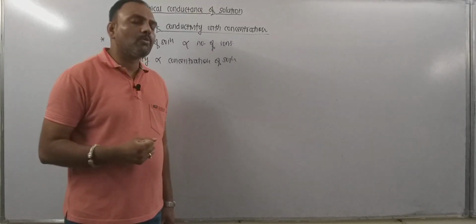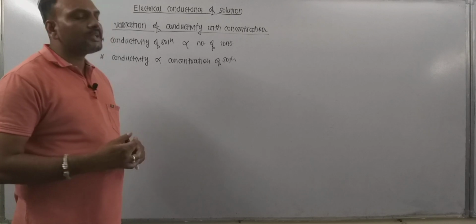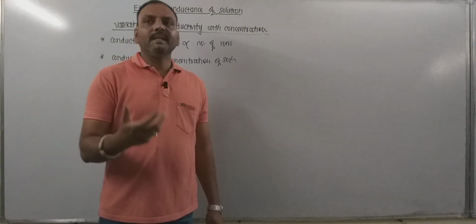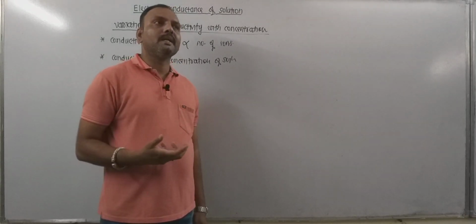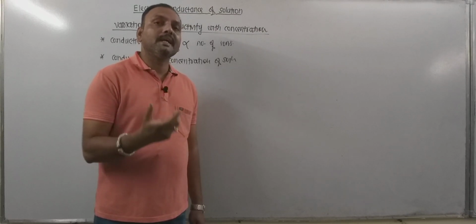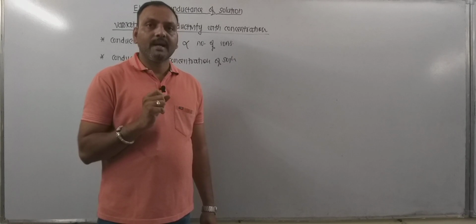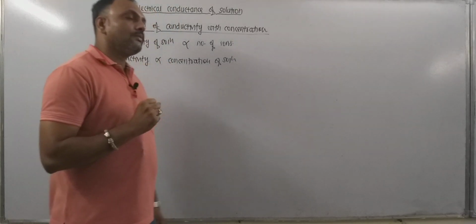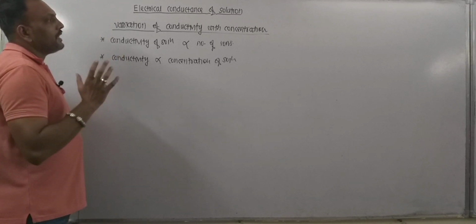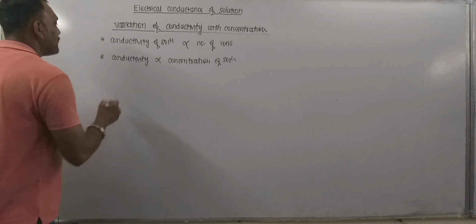As far as weak electrolytes are concerned, they are not dissociated completely. Thus, no doubt, with an increase in concentration the conductivity of a weak electrolyte solution also increases, but the increment recorded is not that great when we compare it with what? Strong electrolytes. So the bottom line is, with an increase in concentration, conductivity gets increased.